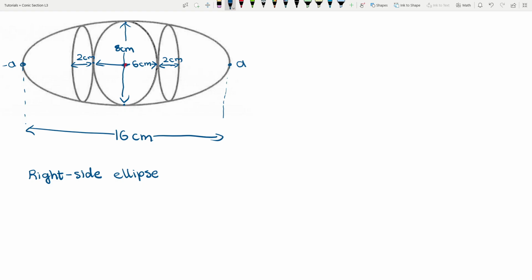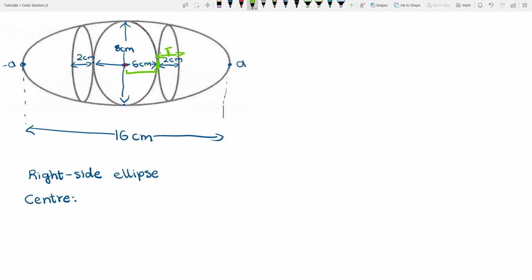If you think about it, it's going to be shifted because it is going to be in here. So the whole thing is 6, for this middle ellipse. So if you go 3 this side, you go to the edge of this. And then since the whole ellipse here is 2, the half of this would be 1.